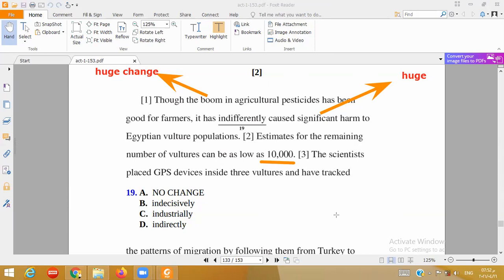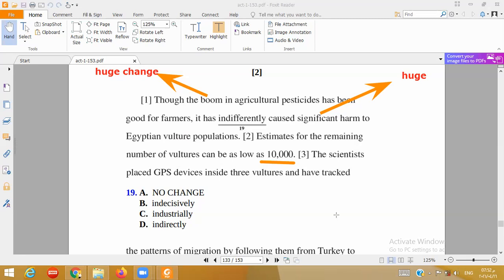Can you repeat? It has indifferently caused significant harm, which doesn't make any sense, or it has industrially, or indirectly. Which one is the correct answer?